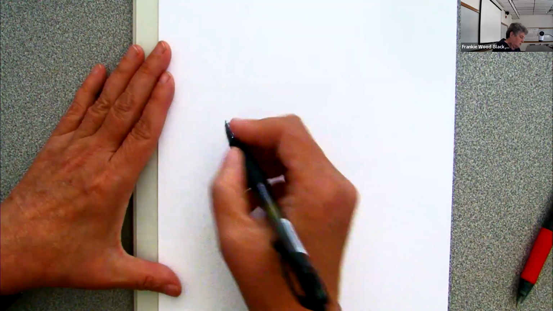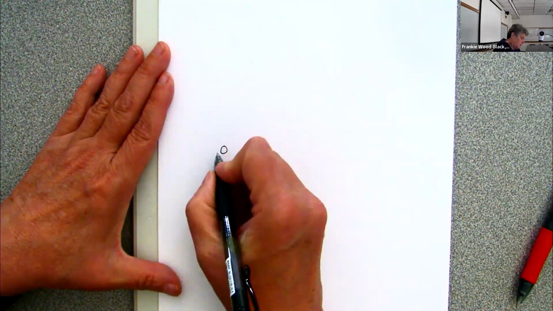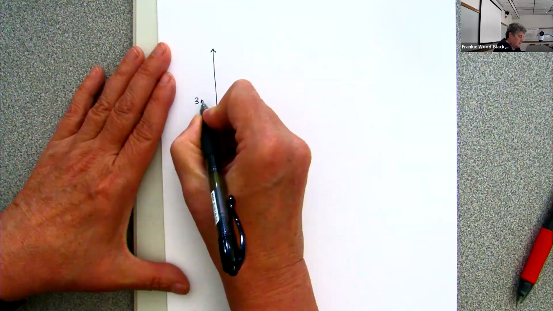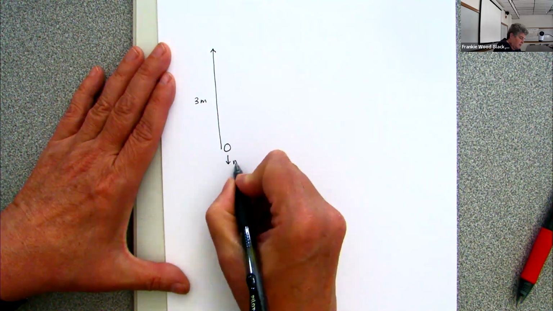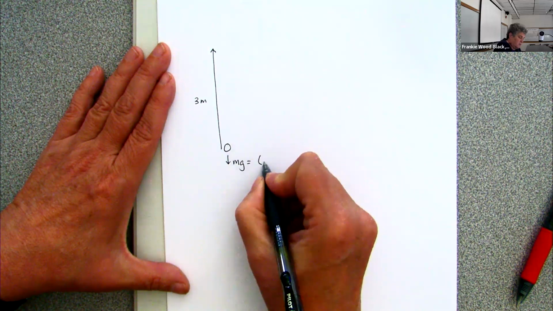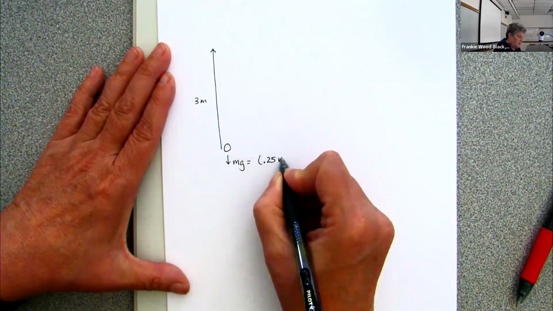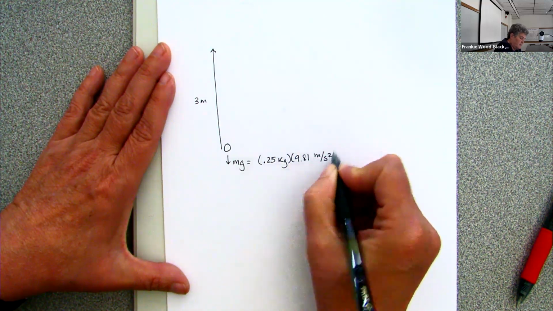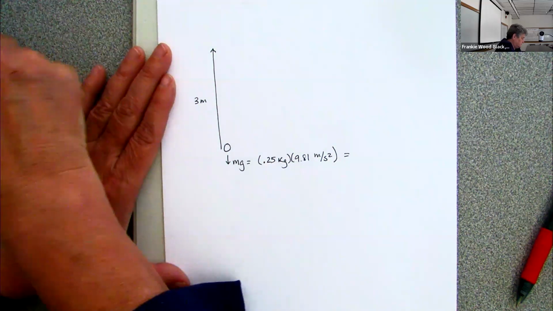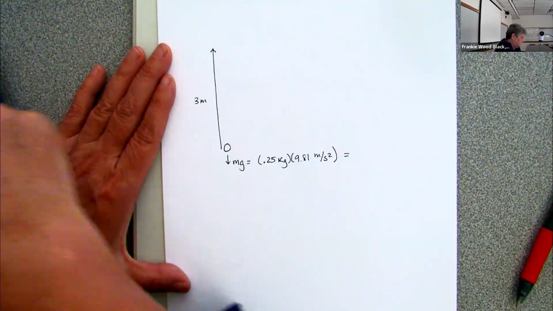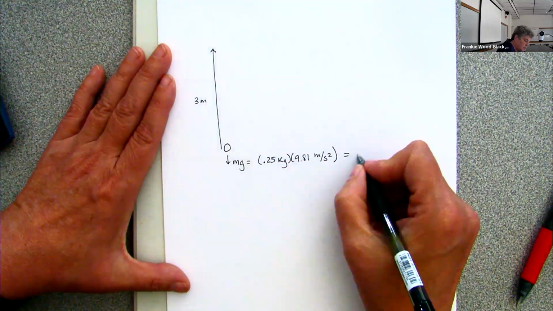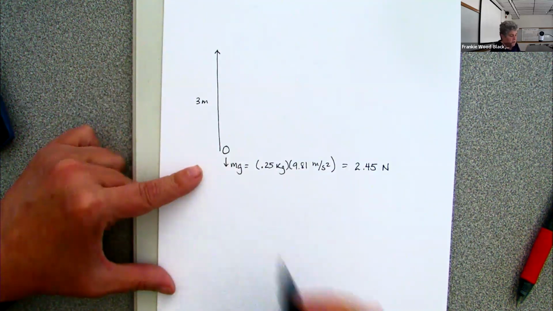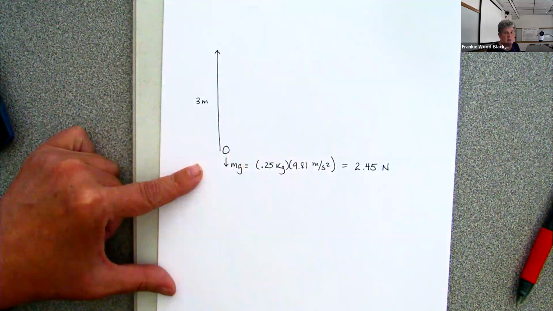So I'm going to take a ball and I'm going to lift it up 3 meters. It has a weight, mg. We're going to do 0.25 kilograms. That gives us 2.45 newtons. And we move this up to the top here.